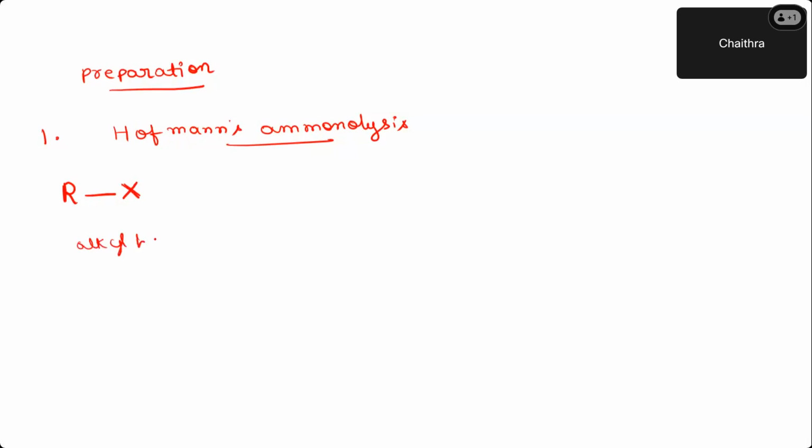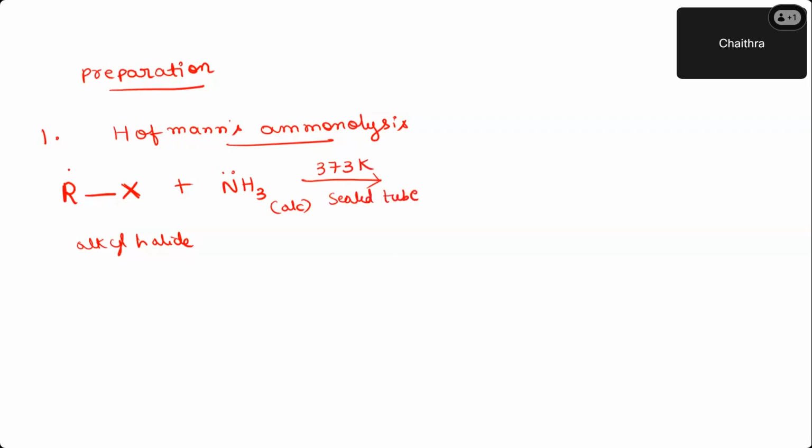And I will take ammonia. I'll treat this alkyl halide with alcoholic ammonia. It is the solvent for the reaction. On the arrow mark, I'm writing 373 Kelvin as the temperature. You have to maintain this temperature. In a sealed tube, you have to conduct this reaction.